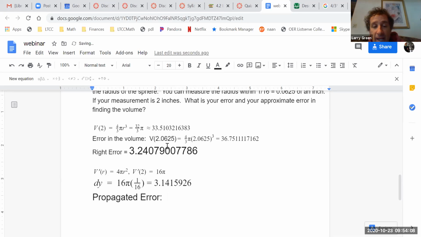So propagated error, that's the error that happens when you take a measurement. And then mathematically, propagated error will be defined by the difference between your estimated value and the true value. And actually, it's typically in absolute value.